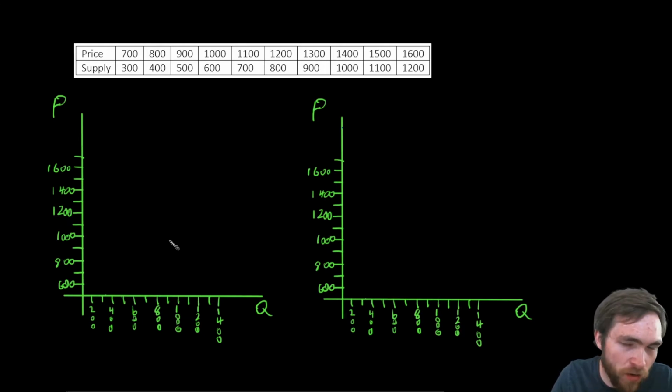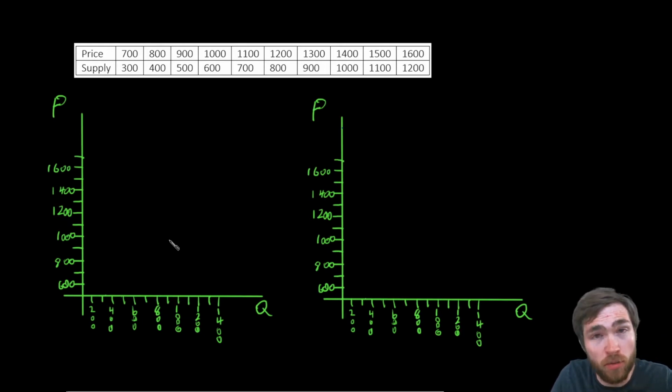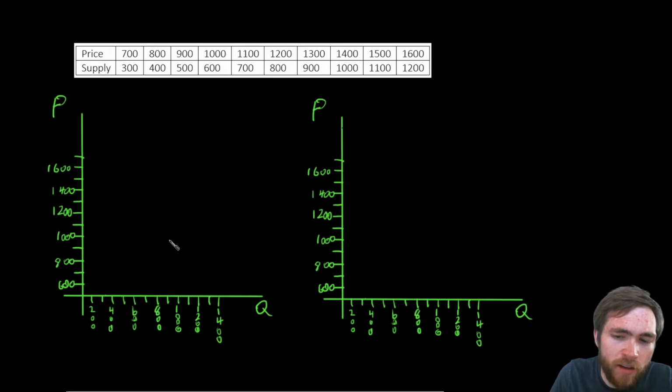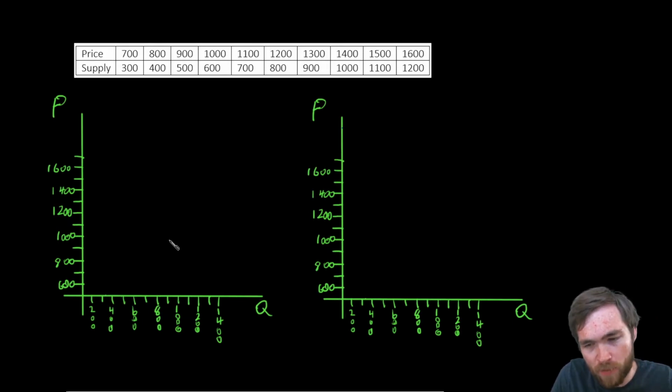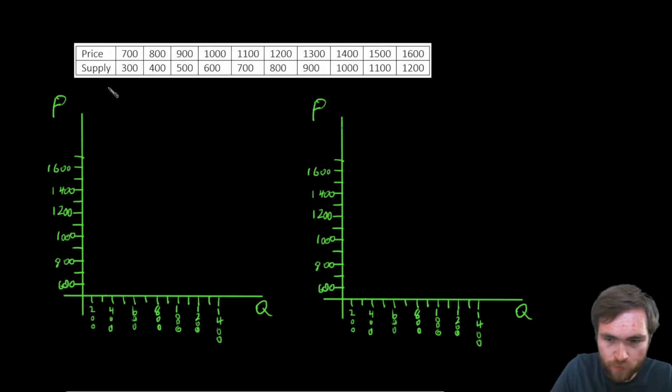If the price is $700 per bike, then 300 units will be produced. If the price is $800, then 400 units will be produced, and so on. And so we can go ahead and graph this to illustrate this with some sort of curve.